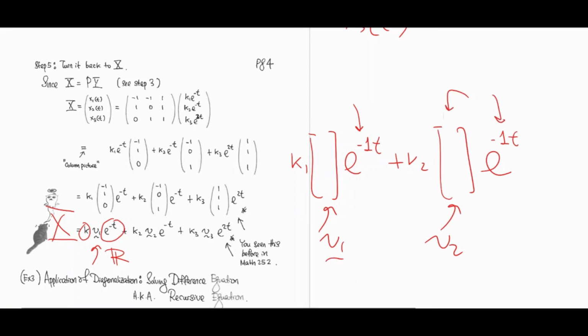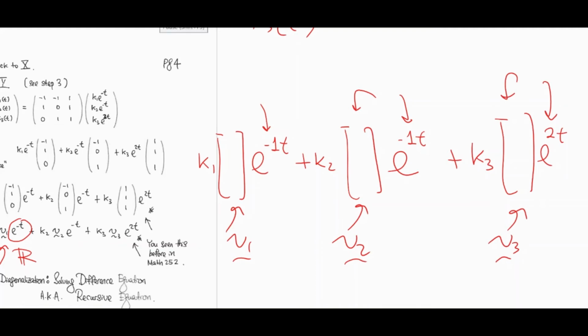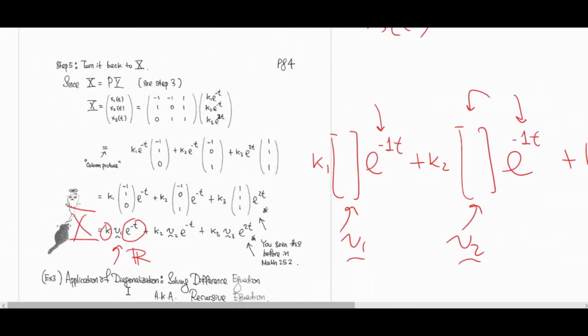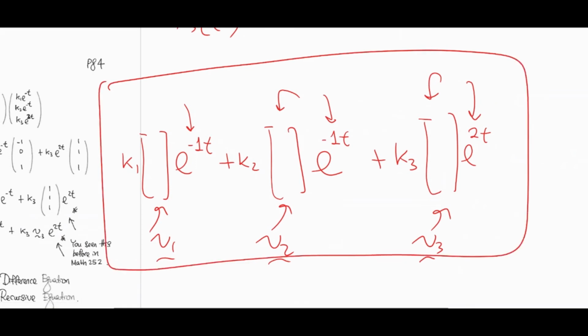We also have this one right here, a scalar k3, multiplied by another vector, the eigenvector v3, with the eigenvalue corresponding to this eigenvector. So we can write down our solution like this. We managed to solve that system of differential equations, and we know the solution looks like this.